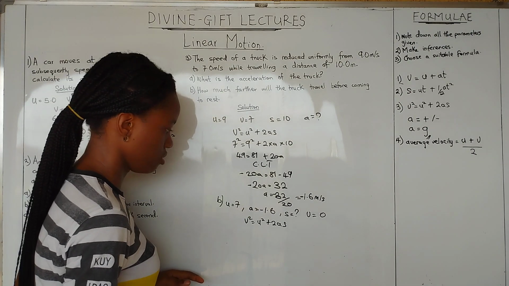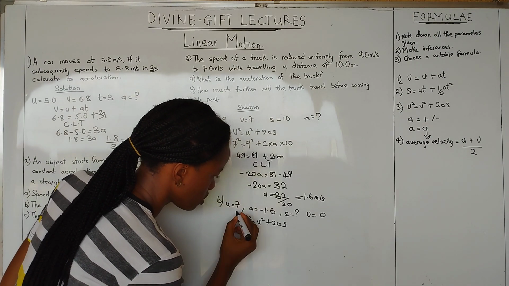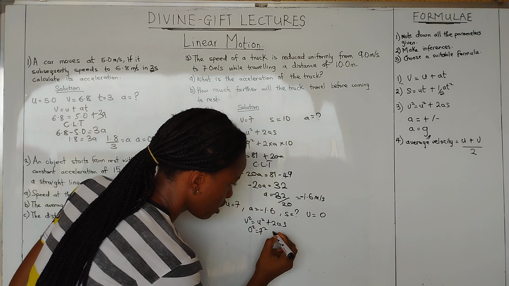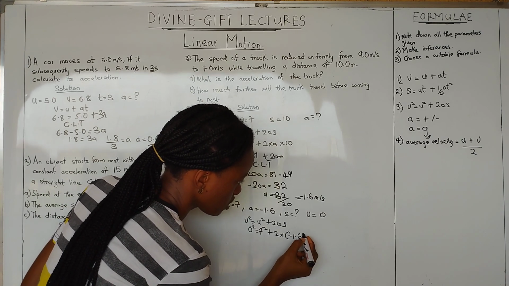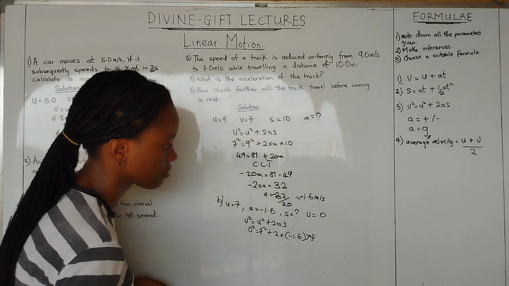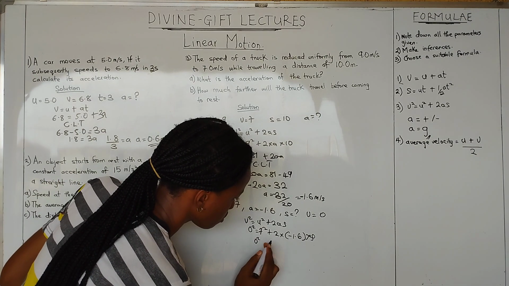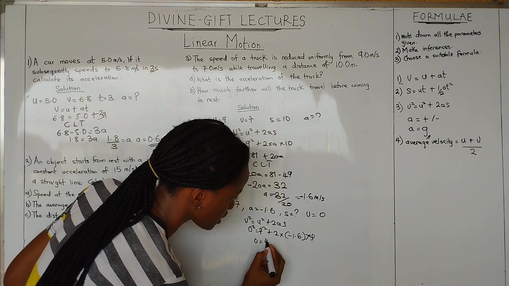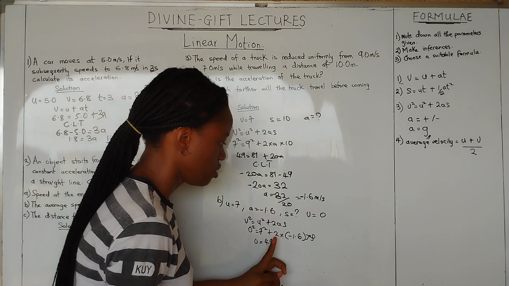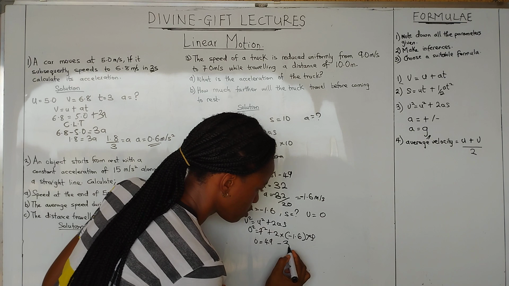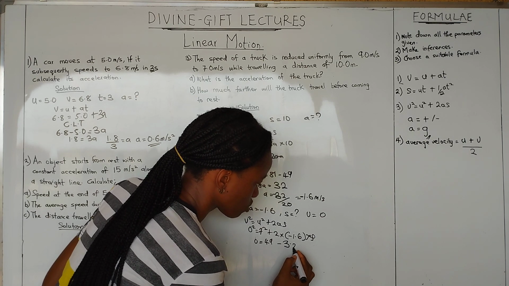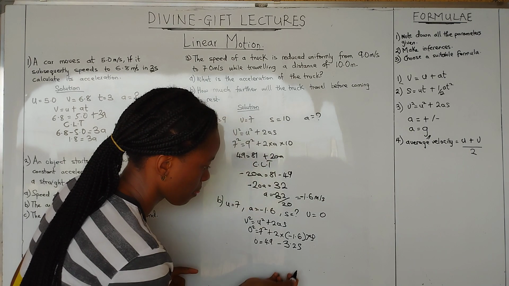So now we are going to solve. 0 squared is equals to 7 squared plus 2 times minus 1.6 times s. 0 squared, which is 0, is equals to 49, 2 times minus 1.6 is minus 3.2s.